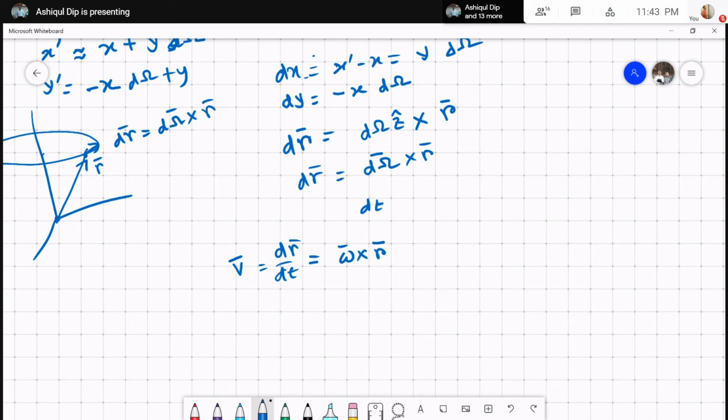Where r and v are both measured from the static frame. Okay, so it was moving on a circle. That's why we got this kind of thing.